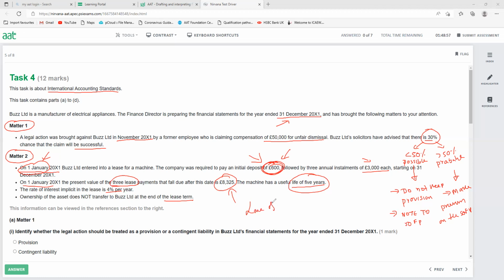Remember that: the lower of the useful life of the asset and the lease term. Between these two, we take the lower one, 3 years, when we do the depreciation. So when calculating the depreciation, we use 3 years, not 5, because we took the lower one.